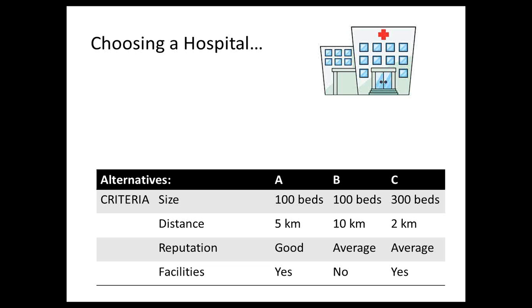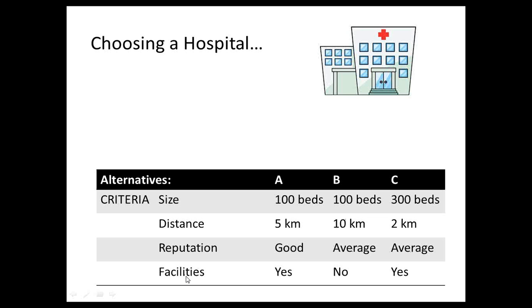If we again take my example of choosing a hospital, these are the different characteristics of my hospital. They differ based on the number of beds. They are different based on the distance that I need to travel to them. Their reputation, the reputation of alternative A is good, while the other two have an average reputation.